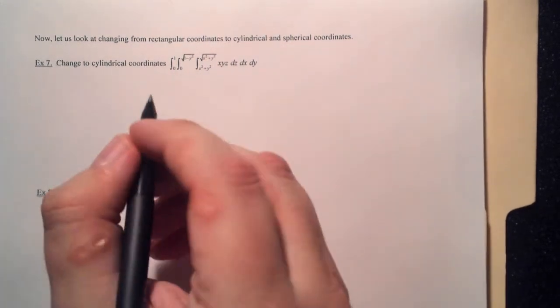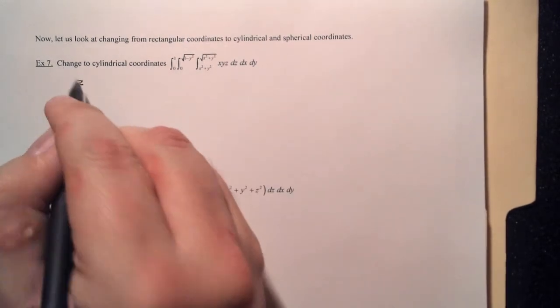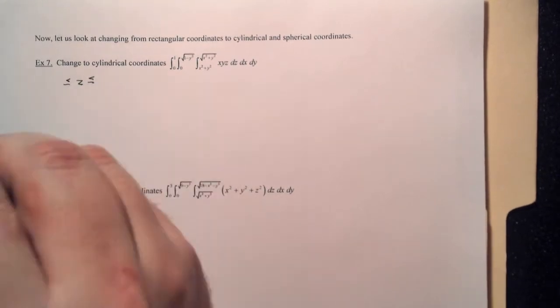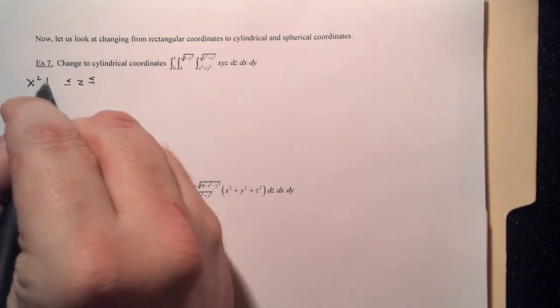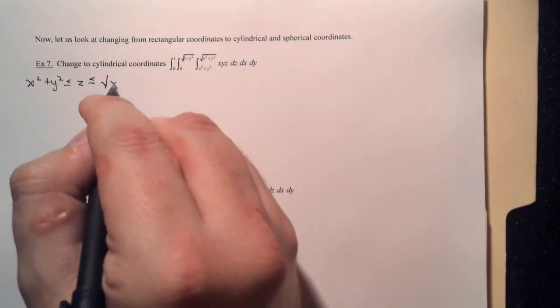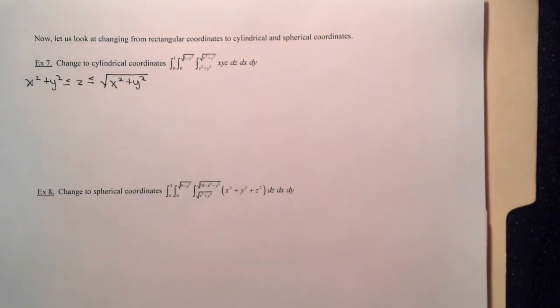So if I figure this out, this means that z is going between x squared plus y squared and the square root of x squared plus y squared.